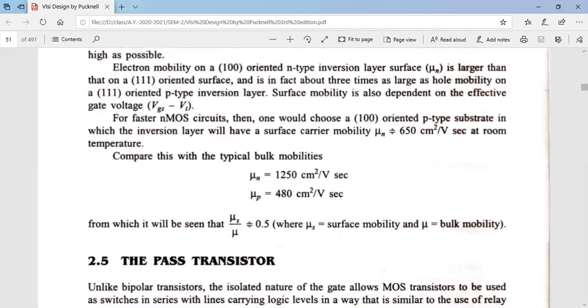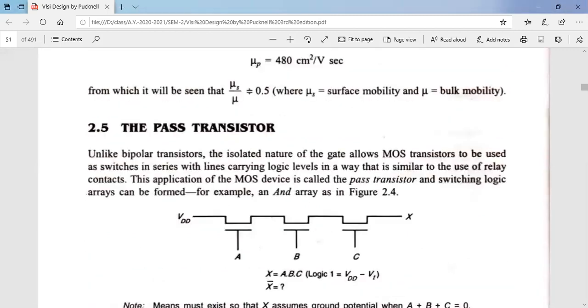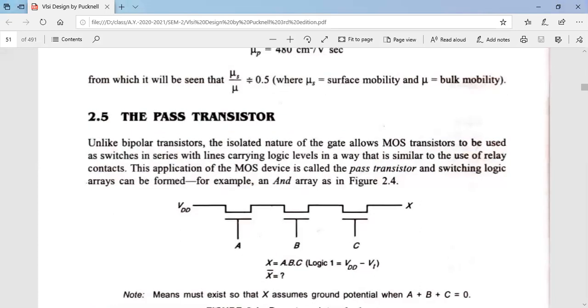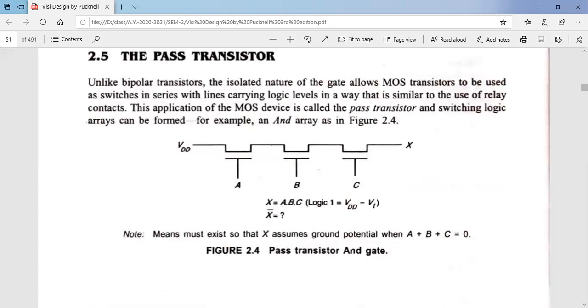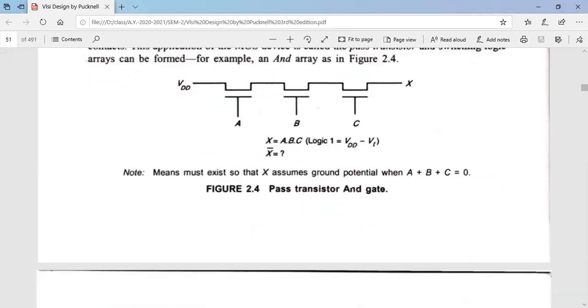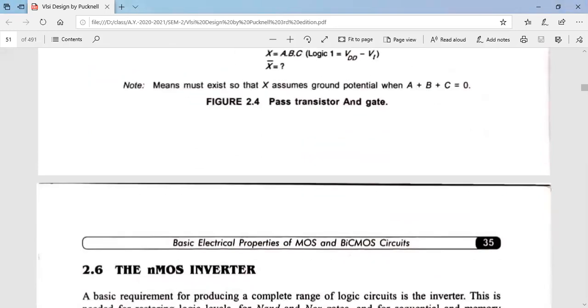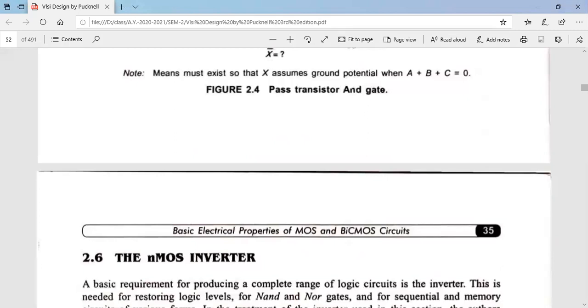We can also have many other types of gates, such as AND gates or OR gates. Instead of connecting all three transistors in series, we can also connect them in parallel, which can act as an OR gate.